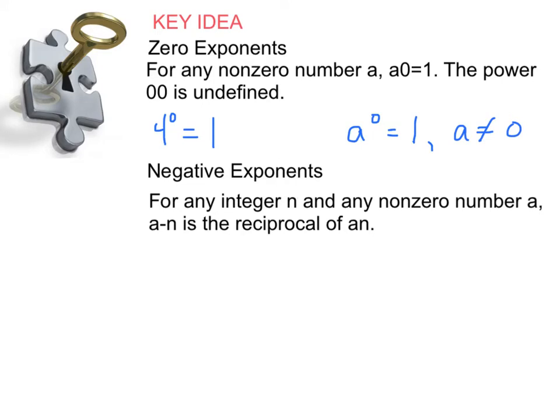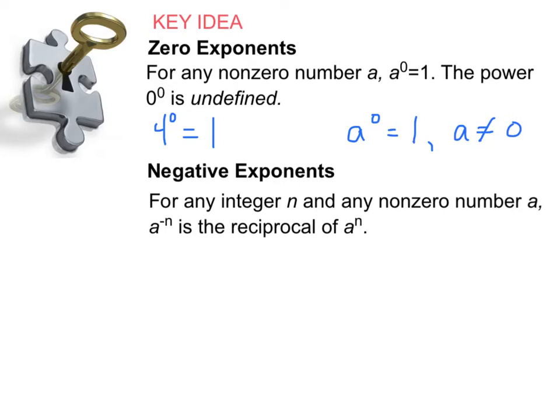All right, negative exponents. For any integer n and any non-zero number a, a to the negative n power is the reciprocal of a to the n power. So using numbers, it looks like this. 4 to the negative 2 power is equal to 1 over 4 squared.